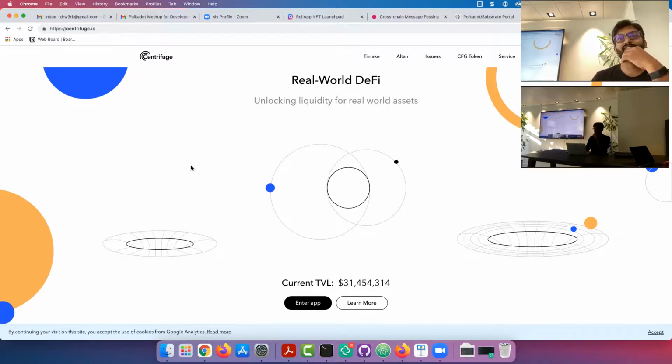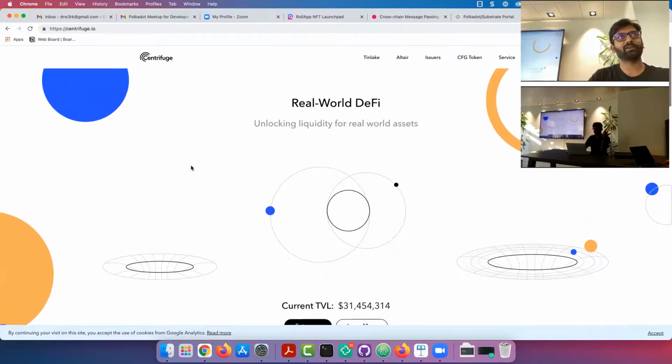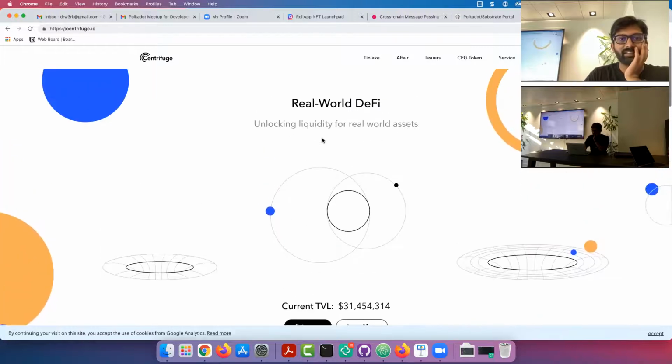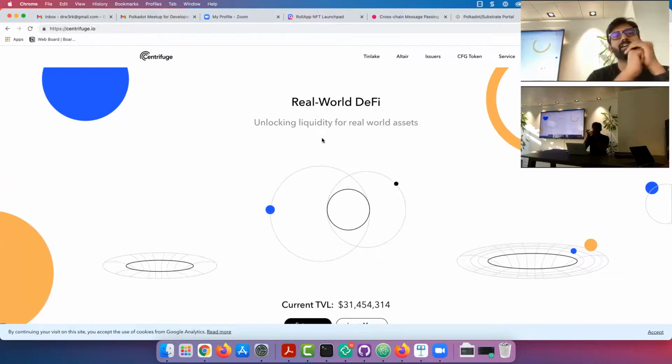Its name is Altair on Kusama, but Centrifuge is the project. They do something similar to the idea that was mentioned earlier. Pretty much they do it in such a way that you can actually get loans for buying real world assets and somehow link this to the chain itself, which is kind of interesting.